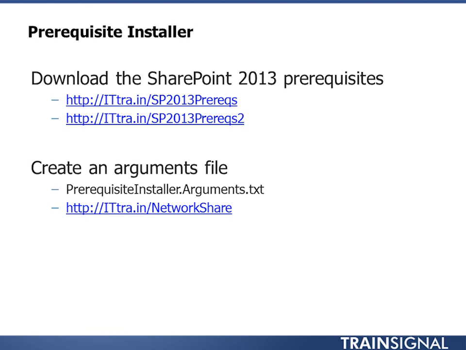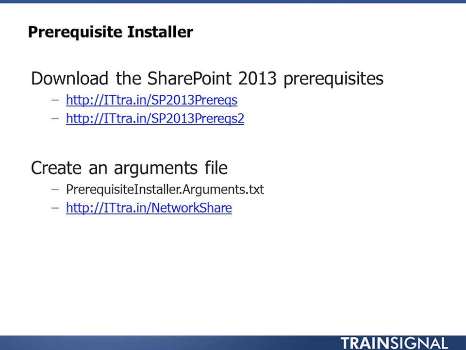Now, I've actually already downloaded all the scripts. You'll notice that I've provided a link to a couple of cool PowerShell scripts. One will actually download all of them for you, and then the other two will configure the Windows roles that are required for SharePoint, and then install the prerequisites for you.